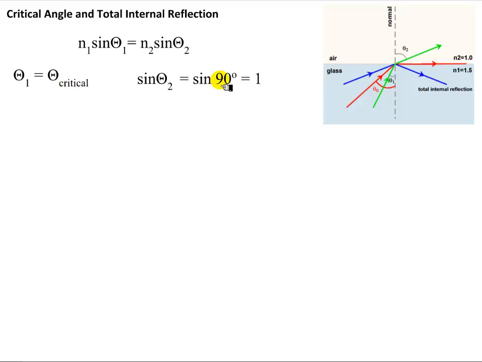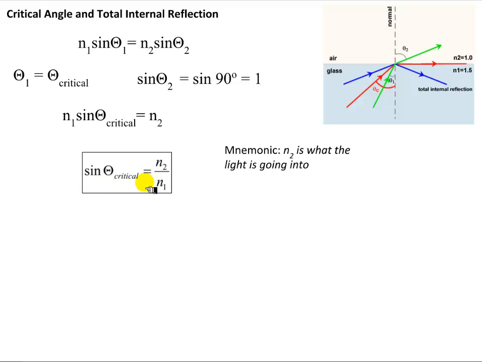The sine of theta 2, that's from here to the normal line, that's the angle that's refracted out, that's 90 degrees. We know that the sine of 90 is 1. So if we substitute into that equation, we'll get n1 sine theta critical is equal to n2, because again, sine theta 2 just became 1. Then we end up with this equation here if we divide both sides by n1.